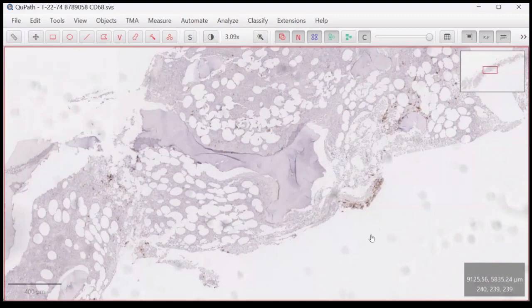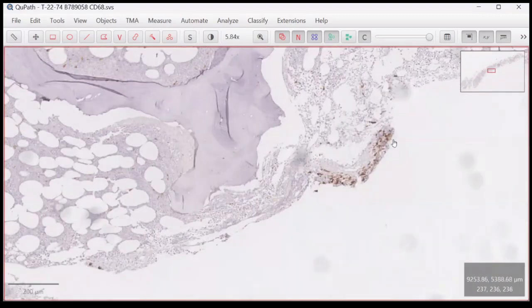The presence of these loose aggregates or loose clusters of CD68 positive cells does not unequivocally exclude residual disease, because in monocytic leukemia, the monocytic component itself rarely expresses both CD117 and CD34.